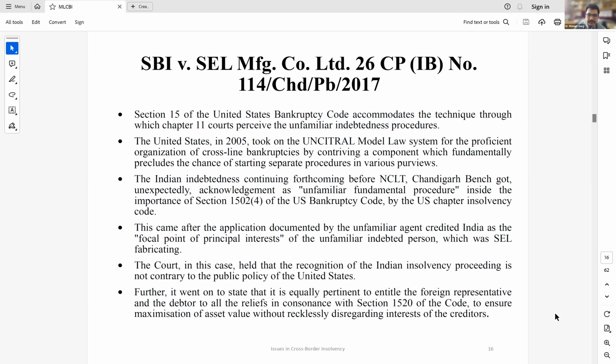This came after an application filed by the resolution professional, which identified India as the center of main interest. The court held that the recognition of the Indian insolvency proceeding is not contrary to the public policy of the US, and the US court recognized the Indian insolvency proceeding.